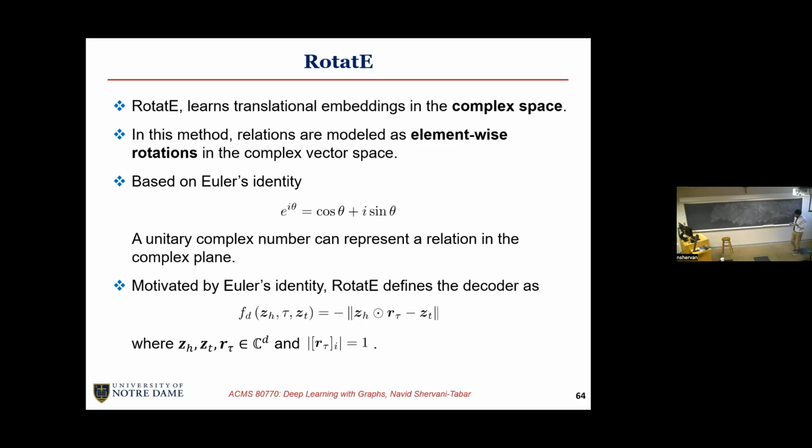So using this, what we are saying is that we can represent a unitary complex number using a rotation in the complex space. So if I have an embedding vector whose size is 1, right?